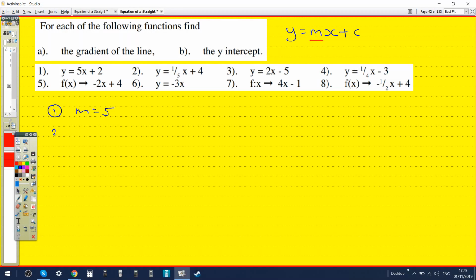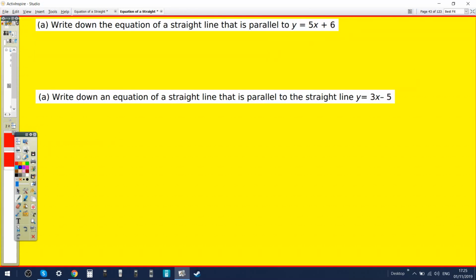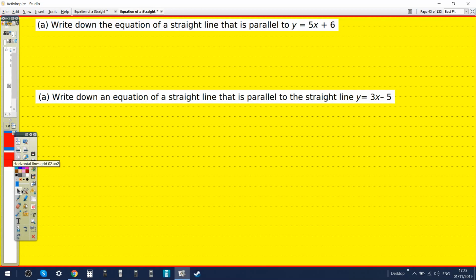So gradient for question 2. A half. 1/5. Sorry. That's it. M equals 1/5. How about top one?